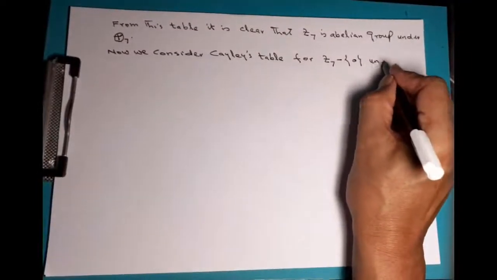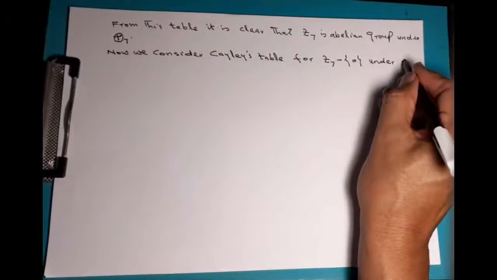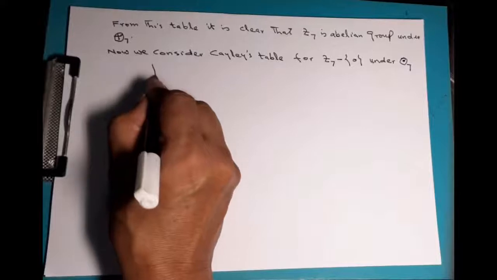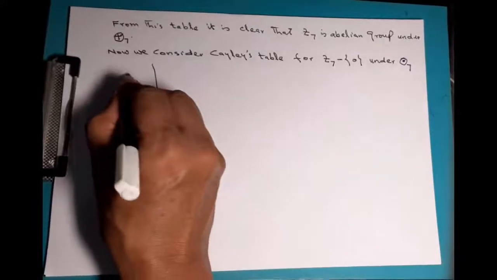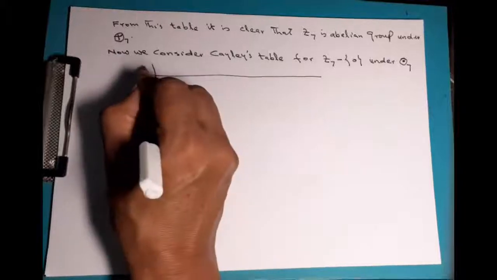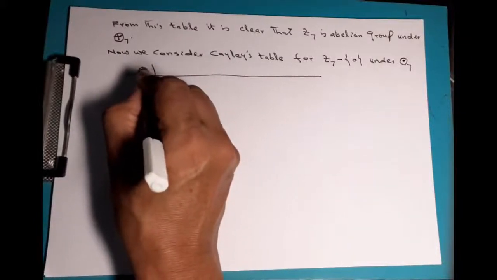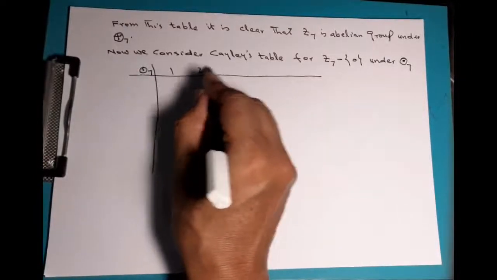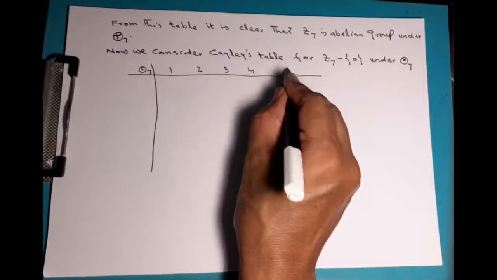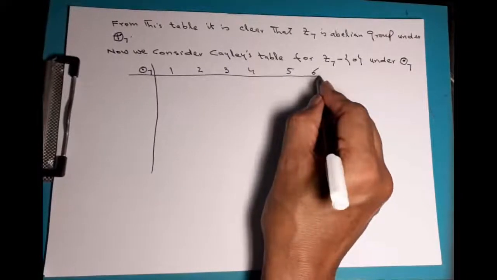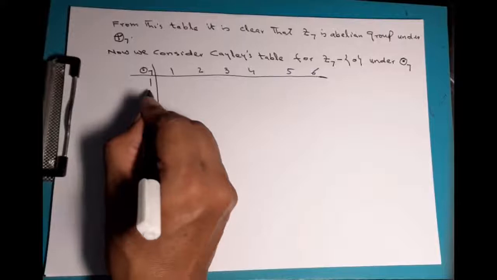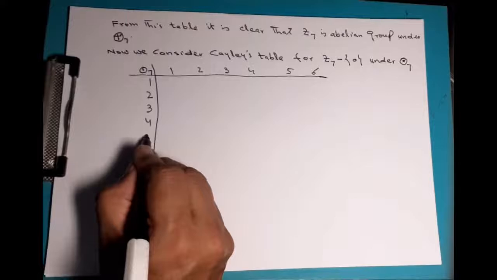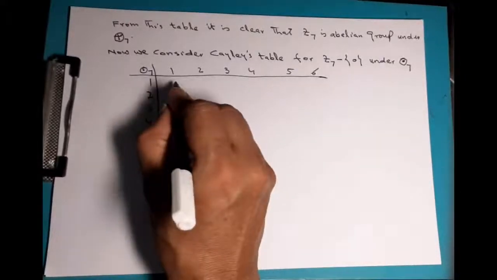And we are going to do it under binary operation multiplication modulo 7. So let me construct the table. So operation is multiplication modulo 7 and elements are 1, 2, 3, 4, 5 and 6, and the same goes along the column 1, 2, 3, 4, 5 and 6, and you can check it.